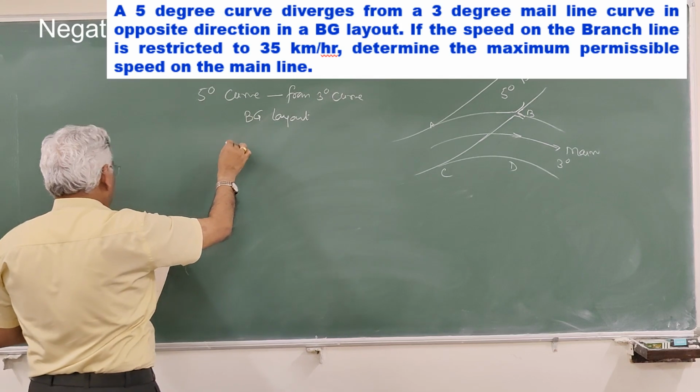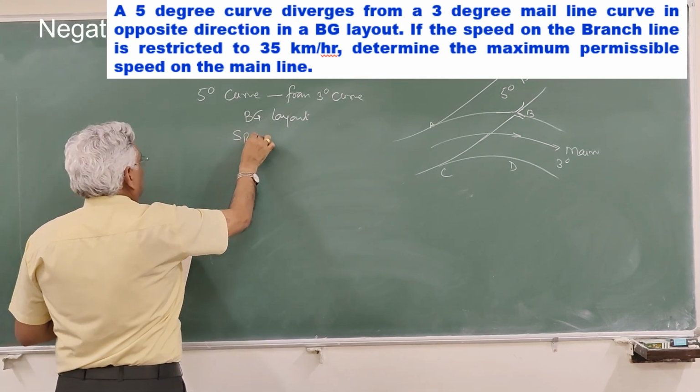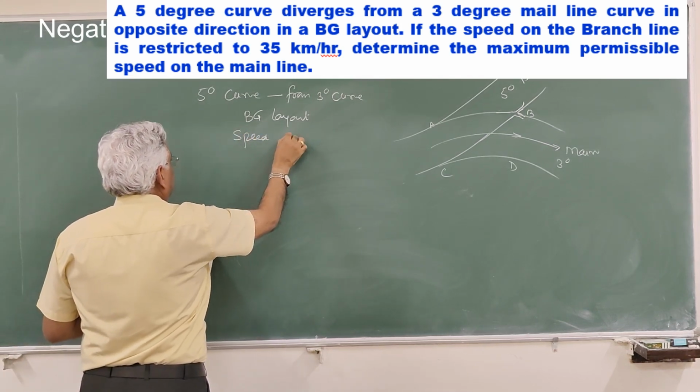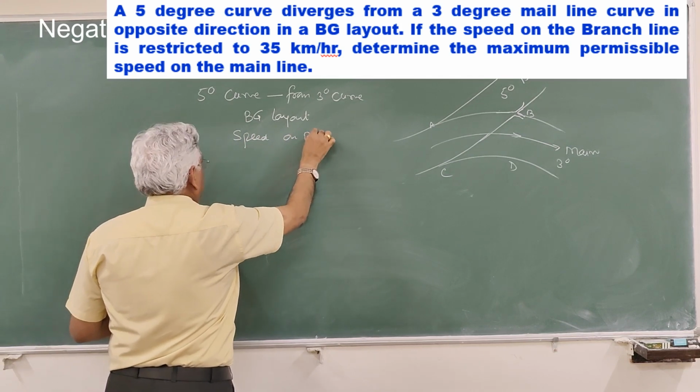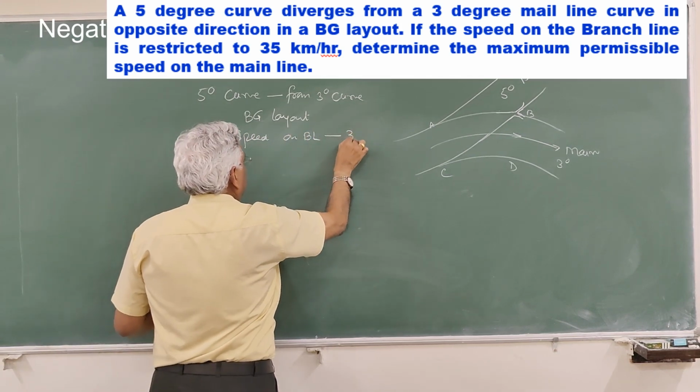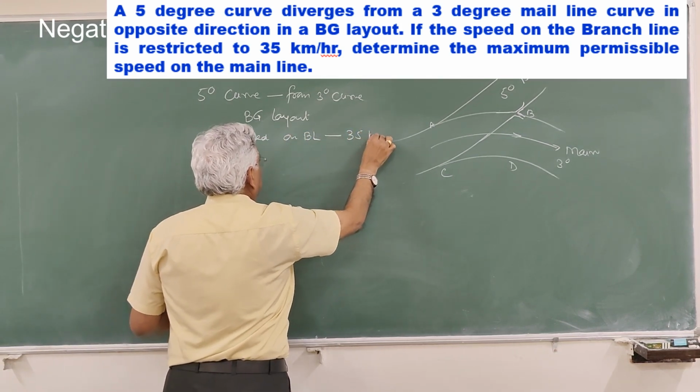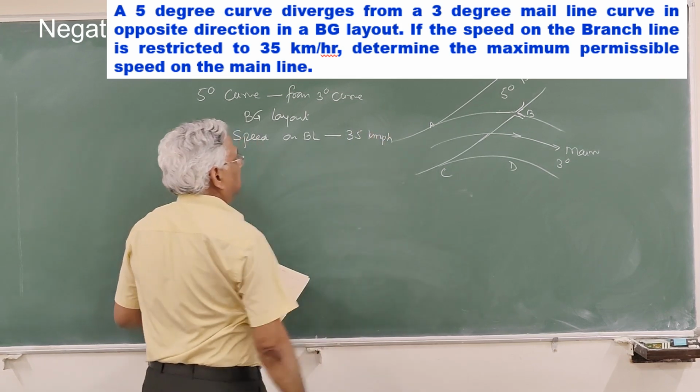The speed on branch line is restricted to 35 km per hour. What is the permissible speed on the main line?